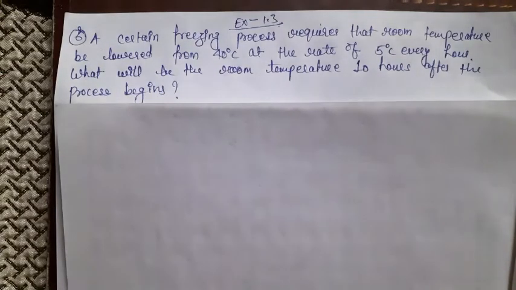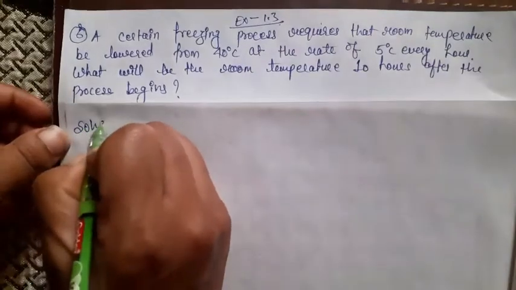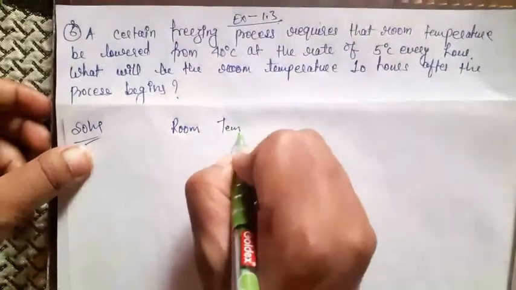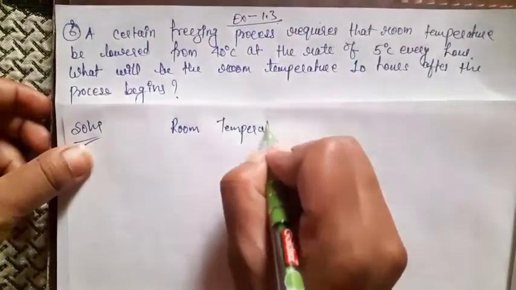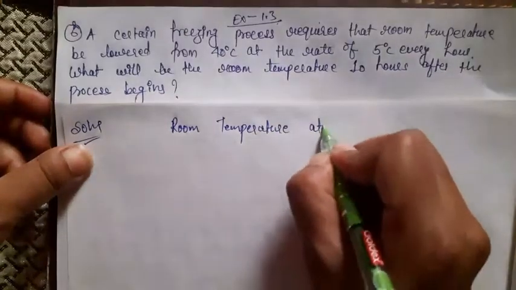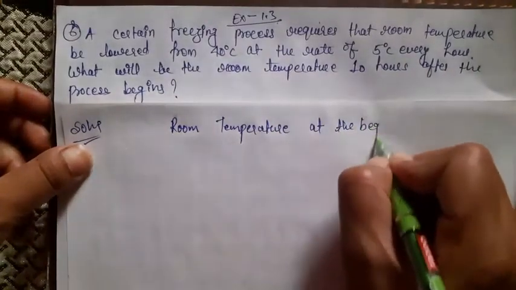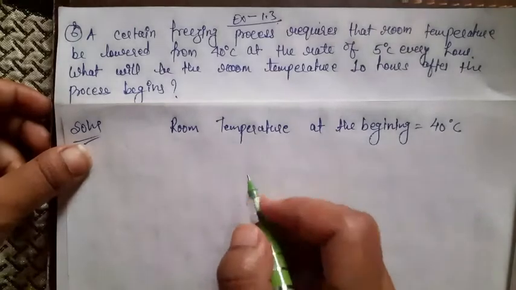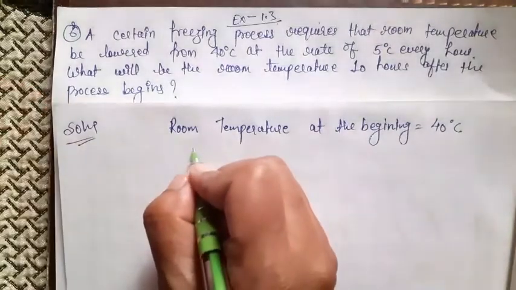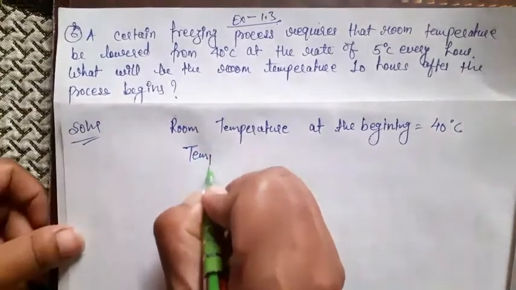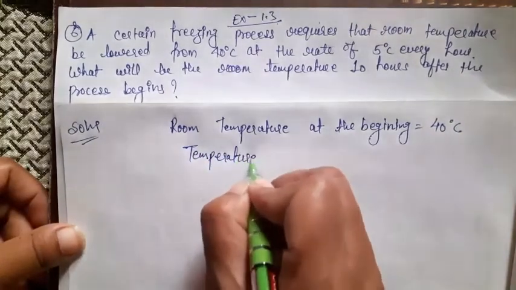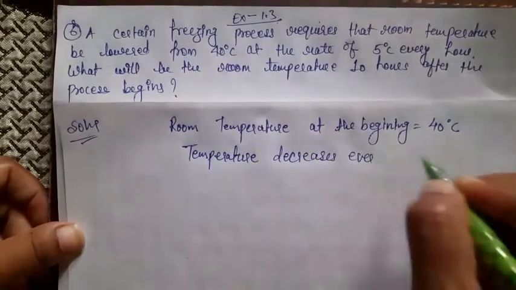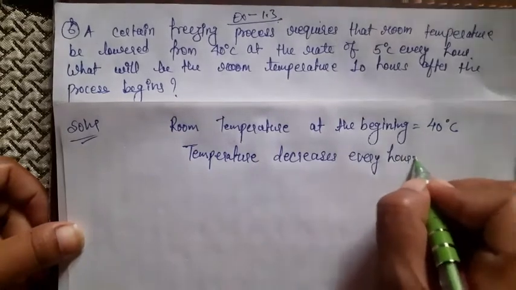Means here room temperature at the beginning is 40 degrees Celsius and temperature decreases every hour 5 degrees Celsius.